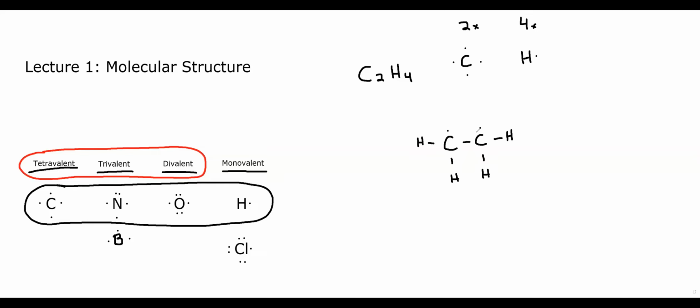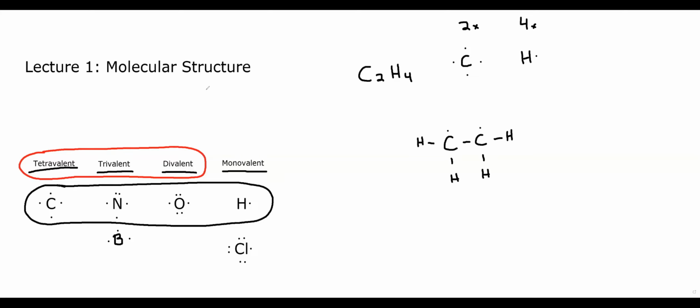Okay, so something's not right here because we have 2 unpaired electrons left over. Now, is the molecular formula wrong? No, it's not wrong. This is the correct molecular formula. What's going on here? We have a double bond between carbon and carbon.